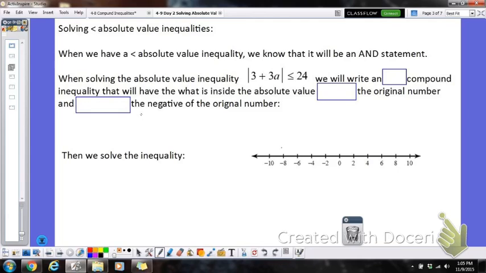We just showed that when we have a less than absolute value inequality, it will be an AND statement.